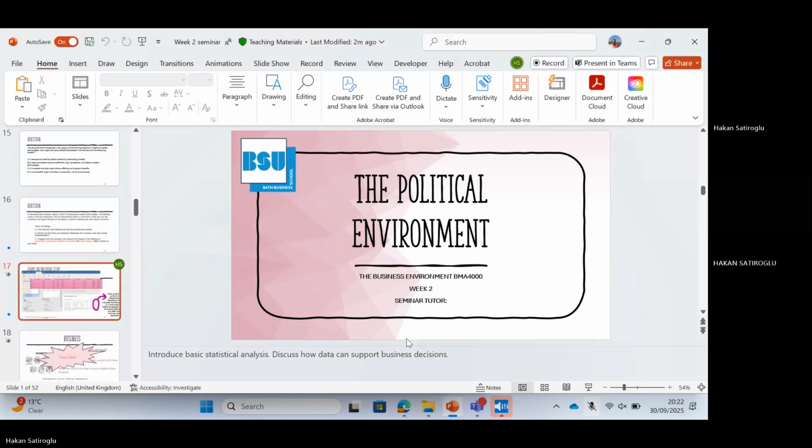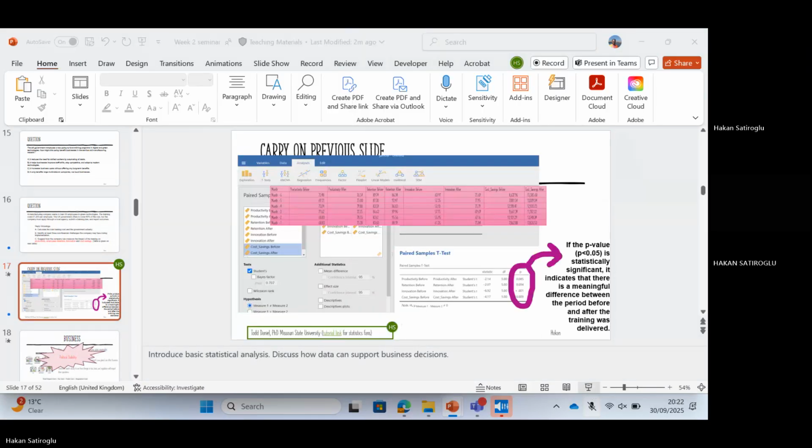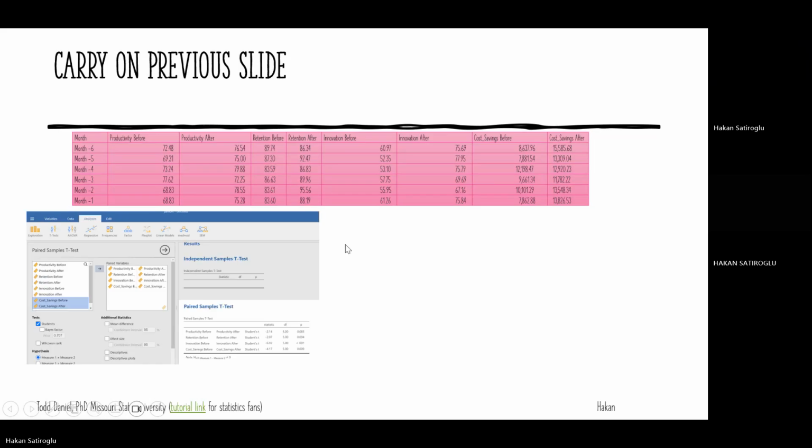This is the name of the program. It is a free application, not only for our school, for everyone, it is free.